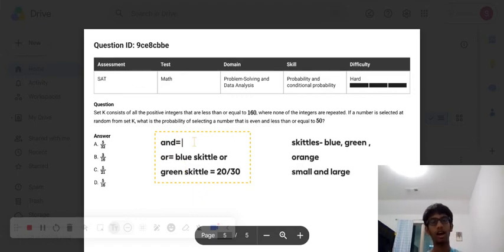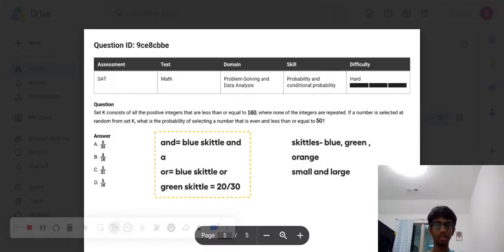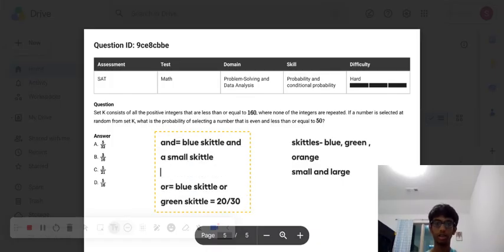And, however, and is something like, what is the probability of getting a blue Skittle and a small Skittle? What you mean by and is that you need to have both of these conditions to be true. Say in the bag of Skittles, 15 of them are small and 15 of them are large, right?